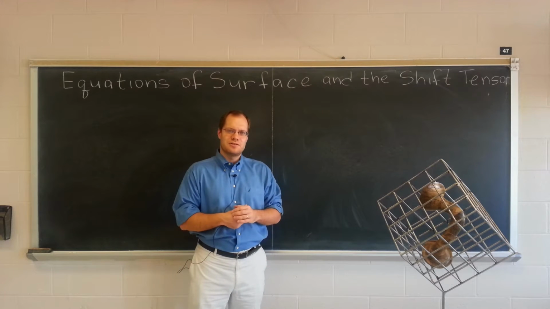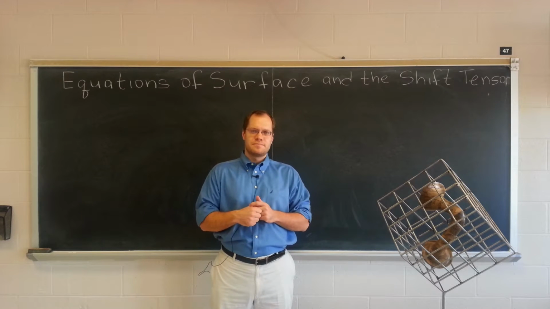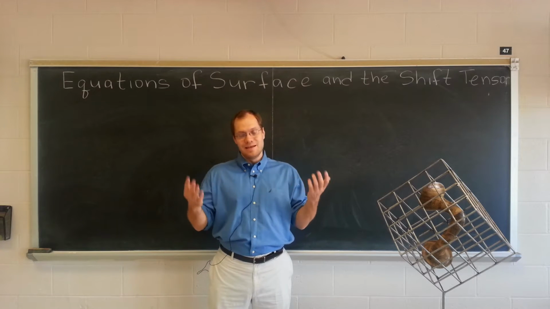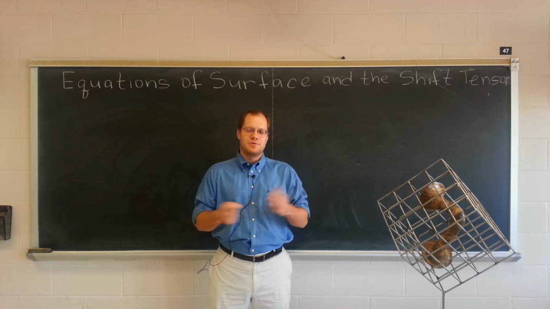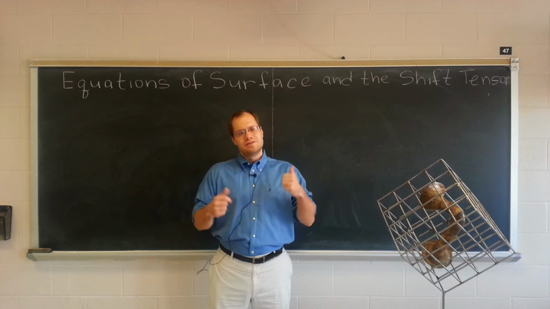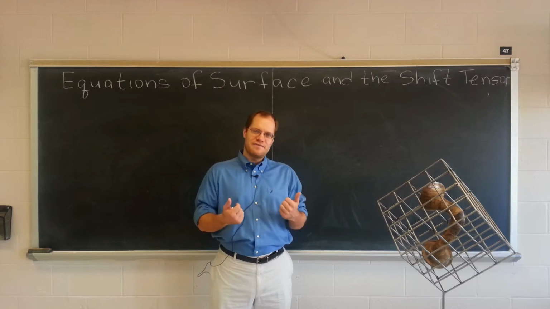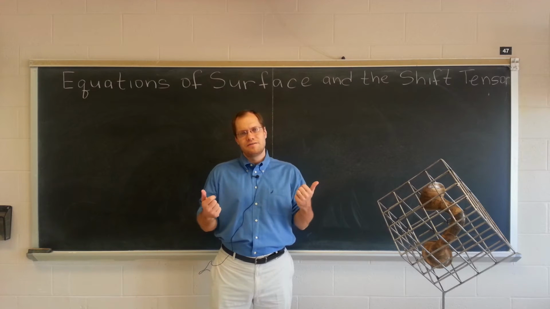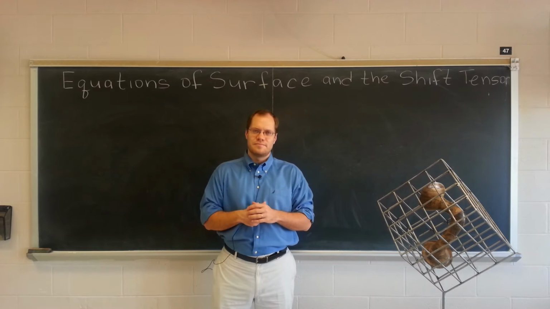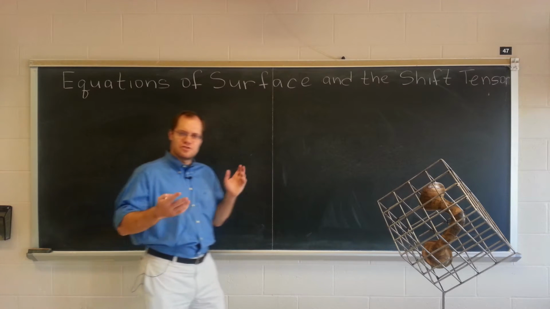Those are the two coordinates. If we go to 3 dimensions, now we need 2 surface coordinates. And for example, let's start with a sphere, would be r, a parameter, just a parameter, r sine theta cosine phi, r sine theta sine phi, and r cosine theta. I hope I got those right. So those are equations of surface.